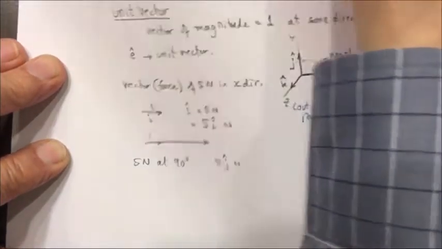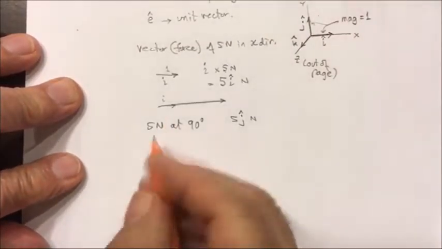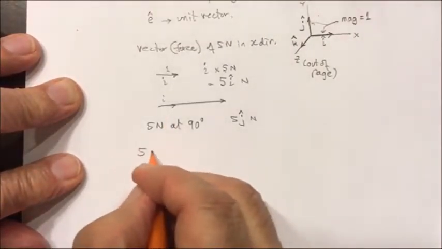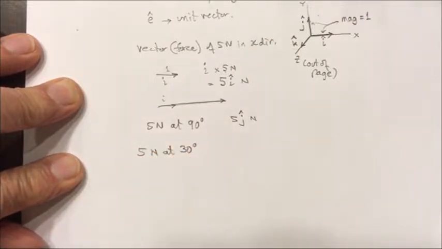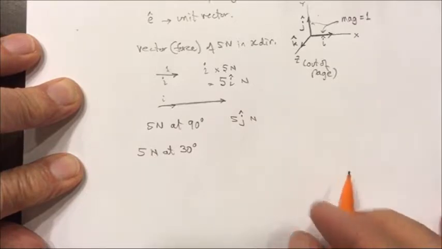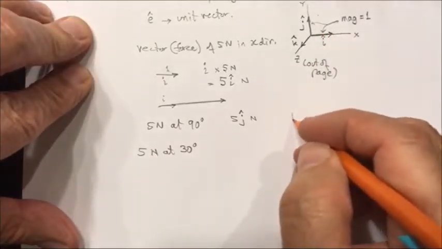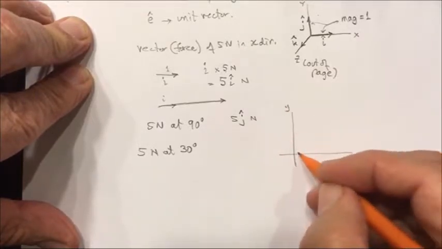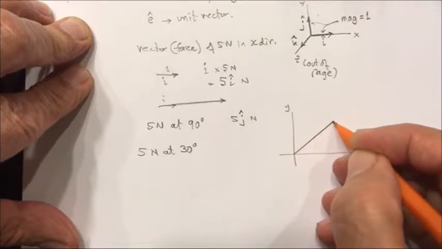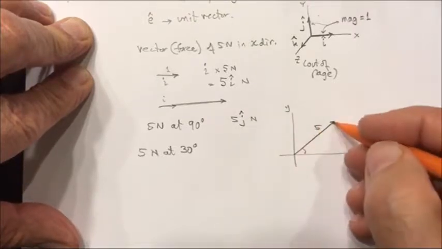Now, if you have a vector at any arbitrary angle, so let's say you have 5 newtons at 30 degrees, how do we use the xy coordinates here, the i and j terms? So let's make a little diagram here. That's the x, that's the y. This is 5 newtons at 30 degrees.